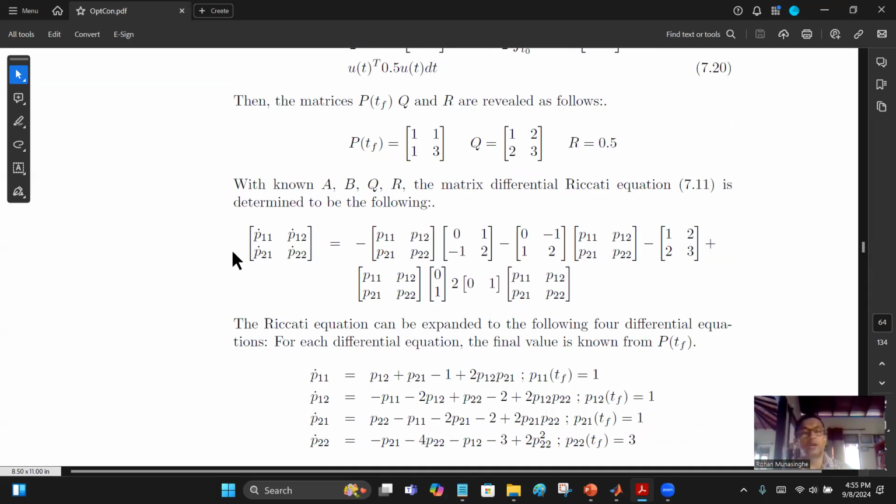Then you can put these matrices into this equation, the matrix Riccati equation. On the left-hand side, you have rate of change of all 4 elements of the P matrix. And on the right-hand side, you have P matrix in multiple places together with A, B, and R. Okay.